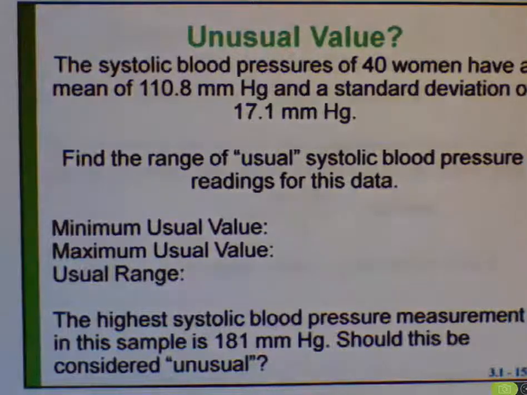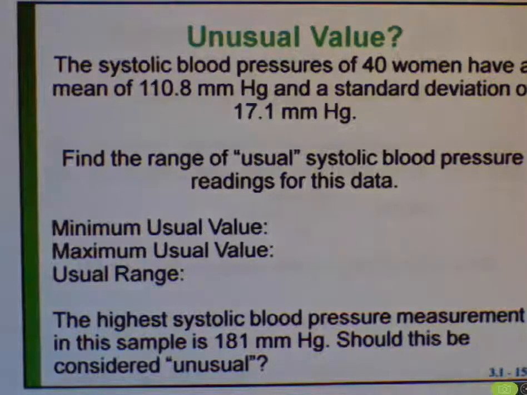So here's an example. The systolic blood pressure of 40 women has a mean of 110.8 millimeters of mercury and a standard deviation of 17.1 millimeters of mercury. Find the range of usual systolic blood pressure readings for this data. First, identify what we're given in the problem.